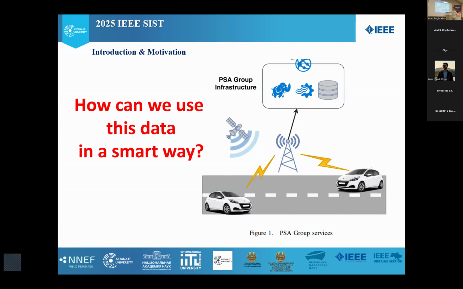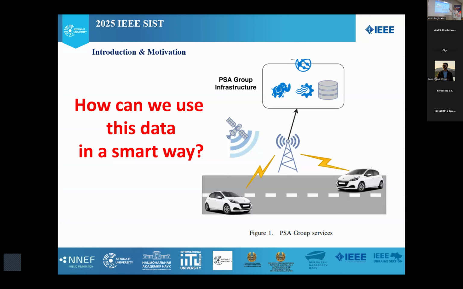The project is from PSA, a French project, like Hyundai, like Nissan. They have all the vehicles connected. This connected vehicle gives us a lot of data.